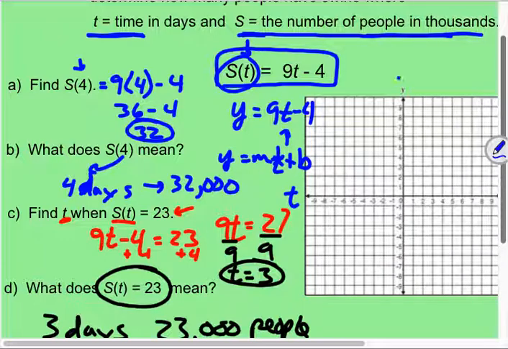And this is the y-axis or the S of t-axis, whichever way you want to look at it. But first of all, my y-intercept's negative 4 right here. And m represents your slope. It's going up 9 people per day, basically. So my slope is 9 or 9 over 1. So up 1, 2, 3, 4, 5, 6, 7, 8, 9 over 1.